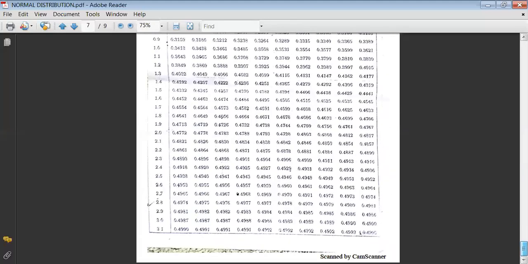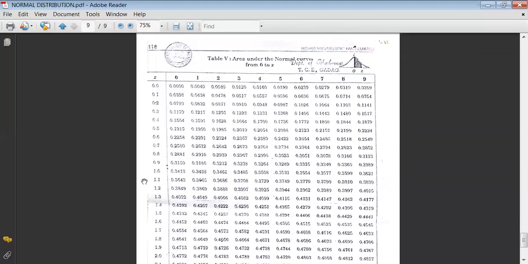Now let us explain that. So far, by knowing the z values, we calculated the probability. But in this case, we know the probability and we have to find the corresponding value of z for which the area is 0.2. Inside the table, you have to search for the value 0.2 or the nearest value. Here it is 0.1985, and here it is 0.2019.